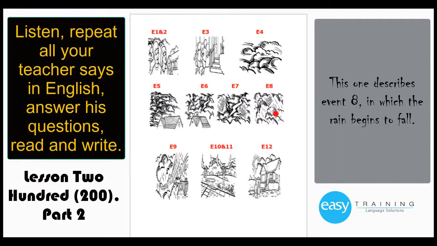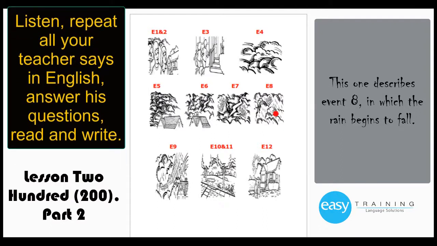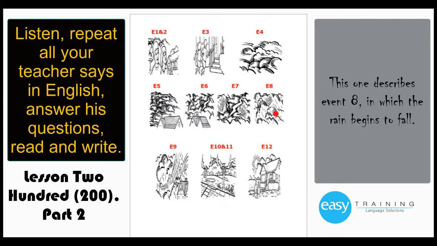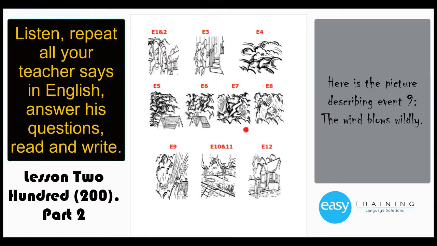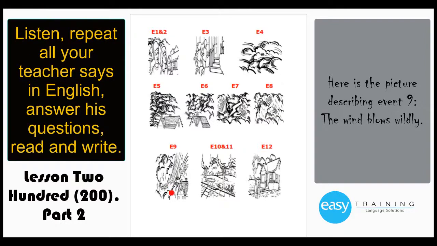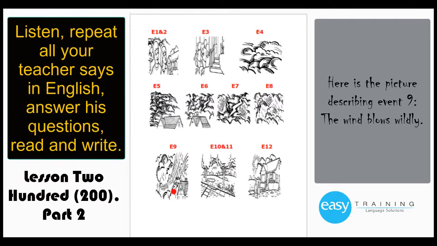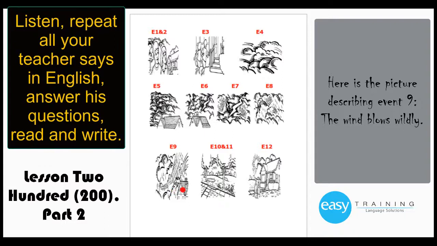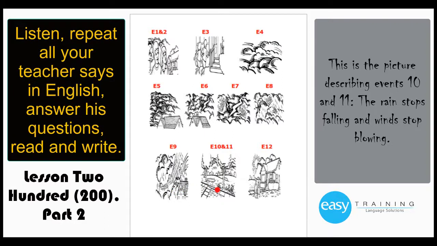This one describes event 8, in which the rain begins to fall. Here is the picture describing event 9. The wind blows wildly. This is a picture describing events 10 and 11.